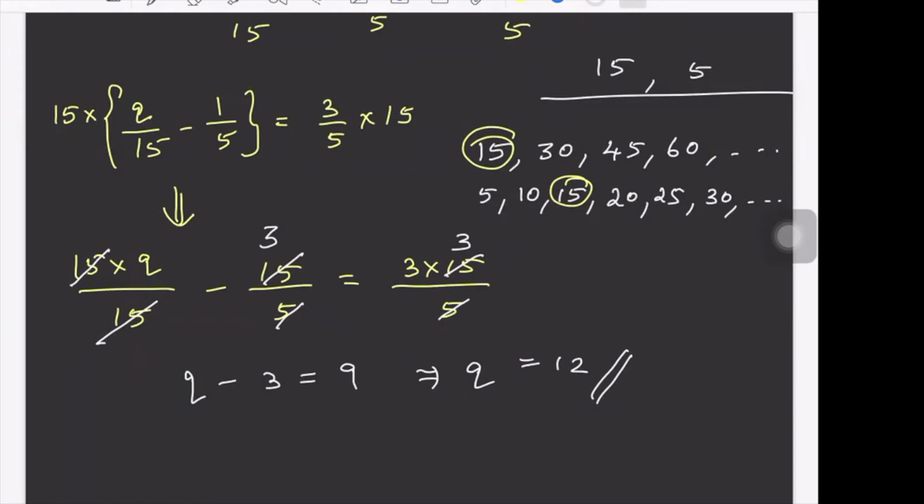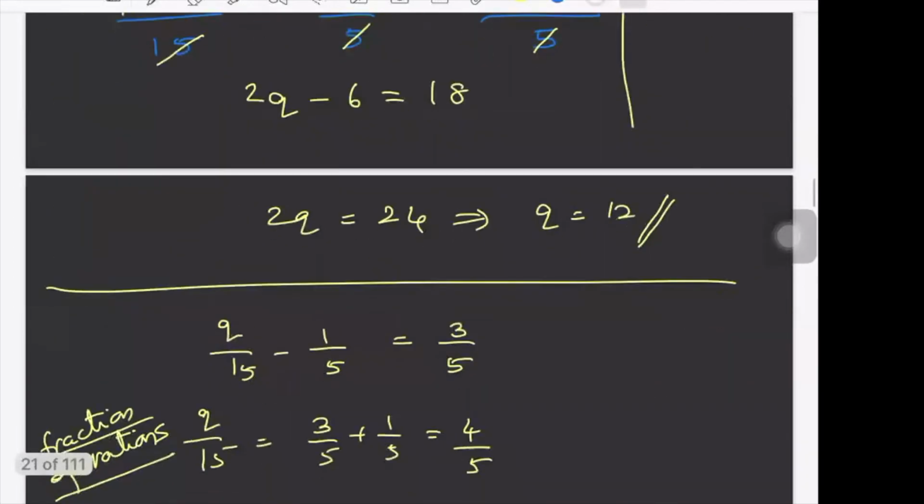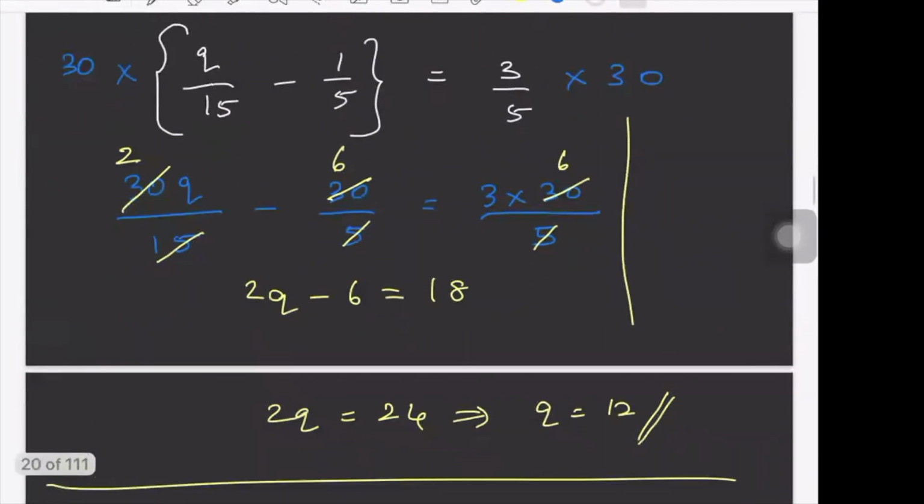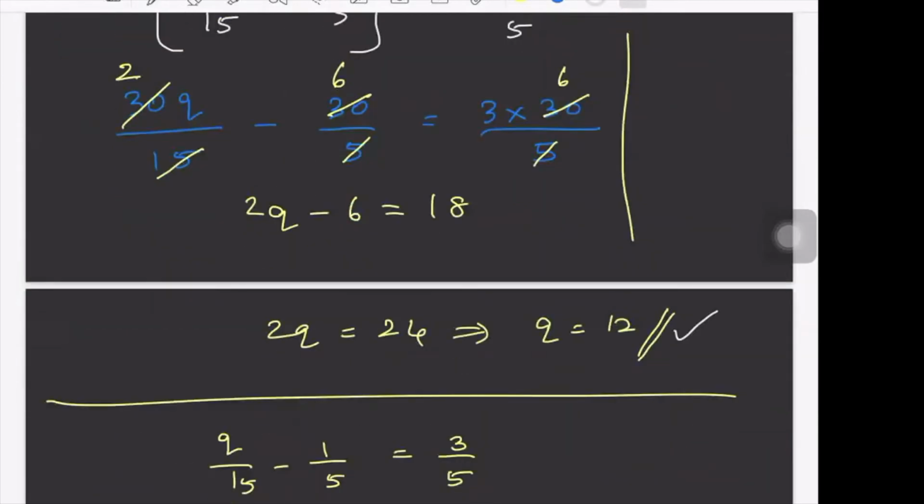And I told you one more thing. Instead of choosing 15, you could have chosen 30 as well. You could have chosen any common multiple. If you had chosen 30, you would have got the same answer finally. But it makes a lot more sense to choose the least common multiple, right?